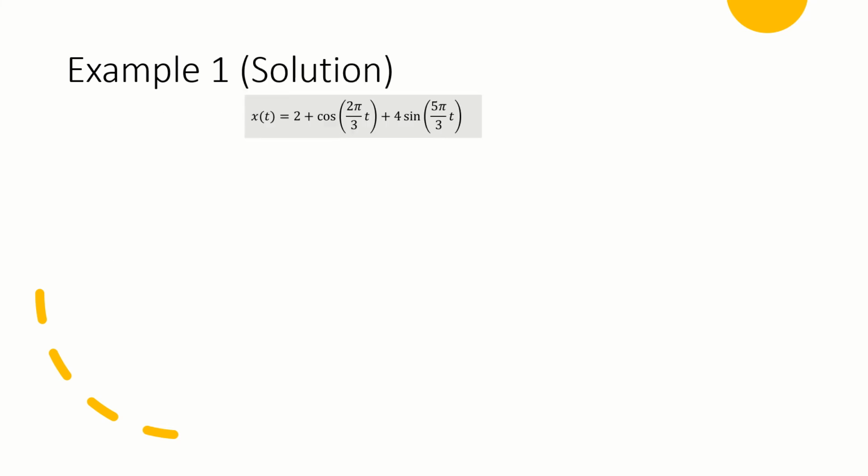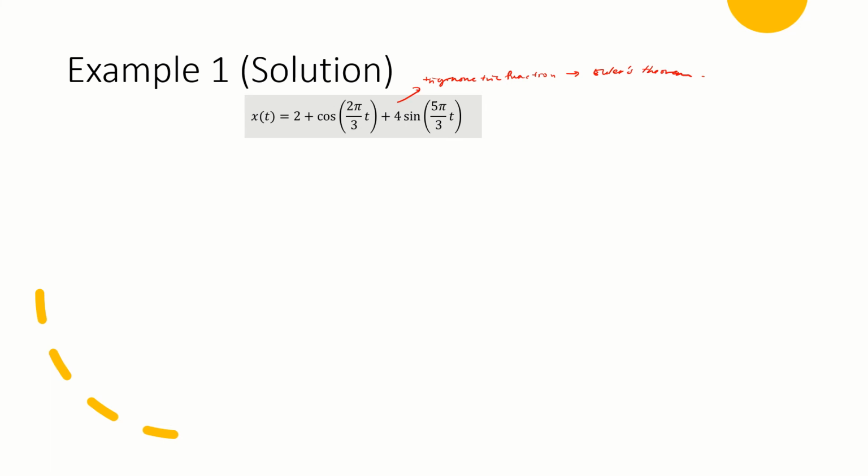So first of all, from this equation, what you have to do is convert, because this is in a trigonometric function, right? You have to convert this into exponential using Euler's theorem.